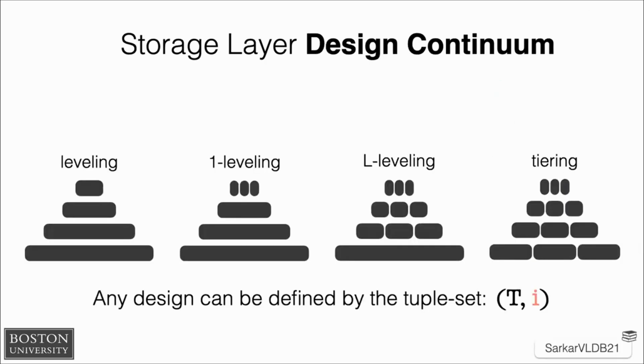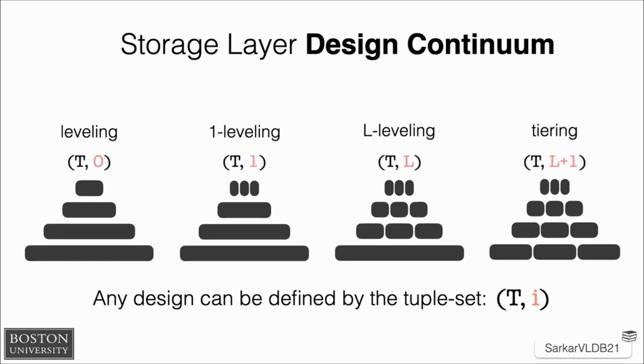Now, we switch gears to the design continuum. We saw before the leveling to tiering design continuum, with one leveling and L leveling, and essentially we can now abstract this further and consider that every one of those designs can be defined with two numbers. One is the size ratio, and one is how many levels of the tree are leveled and how many levels are tiered.